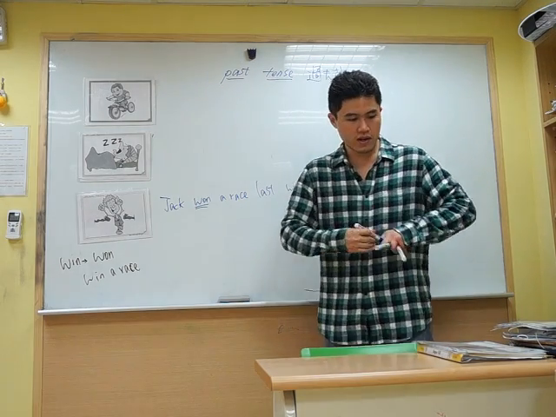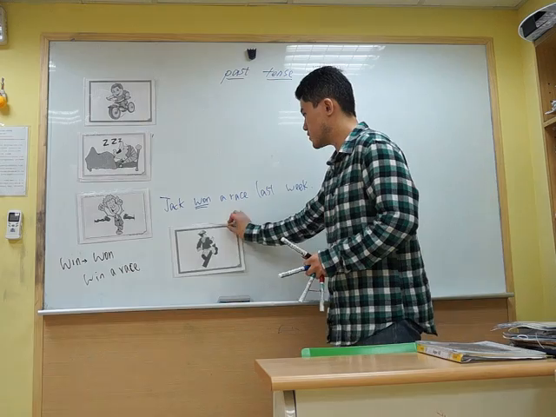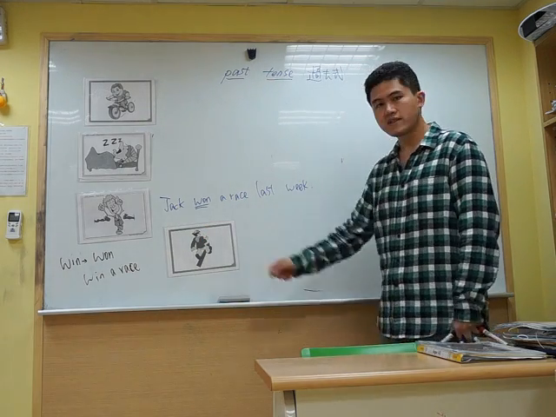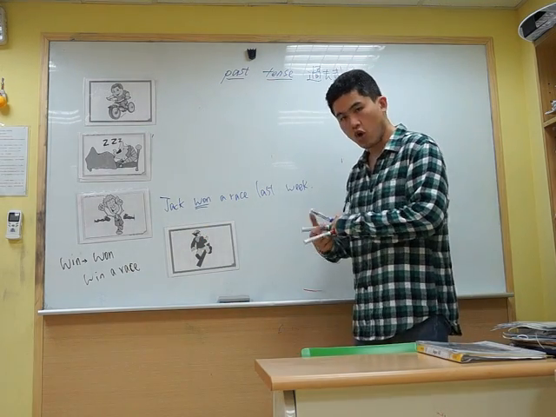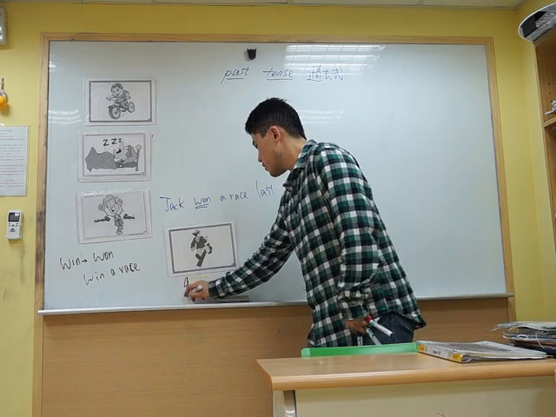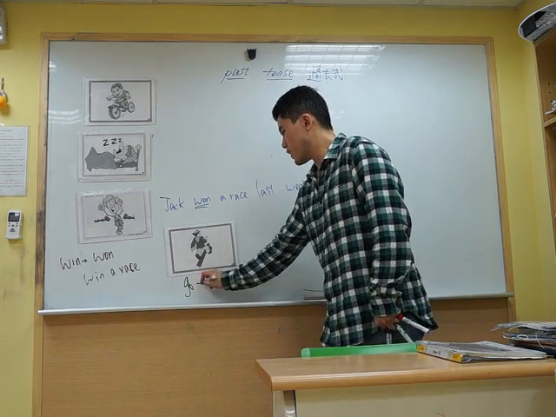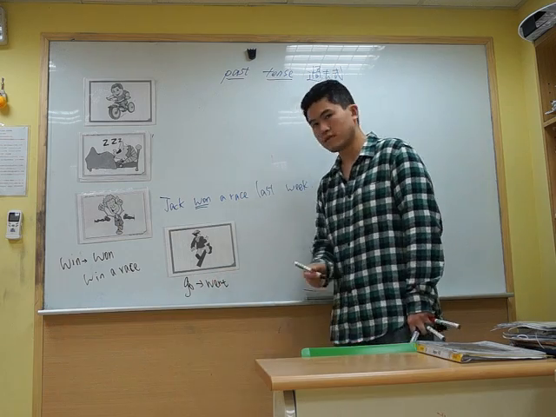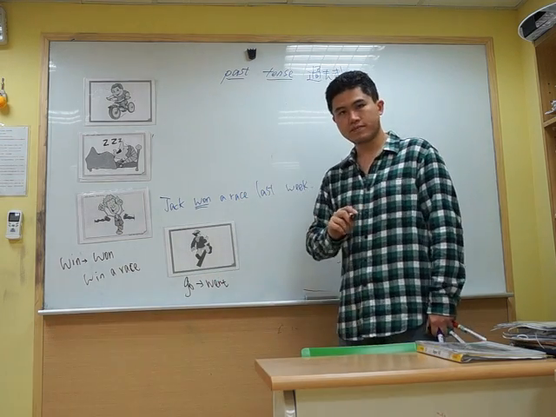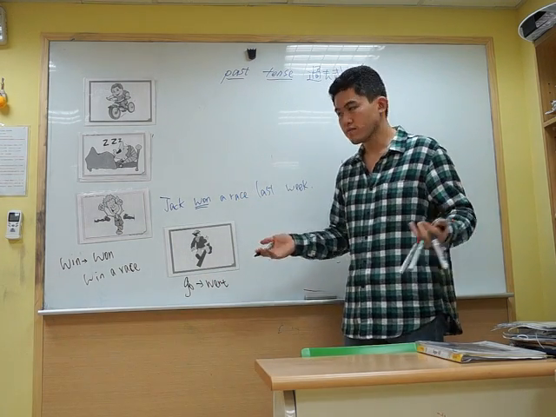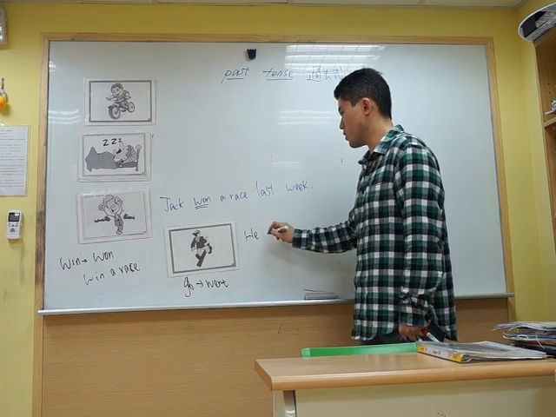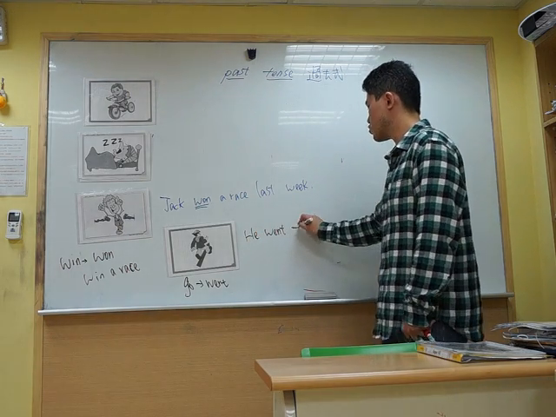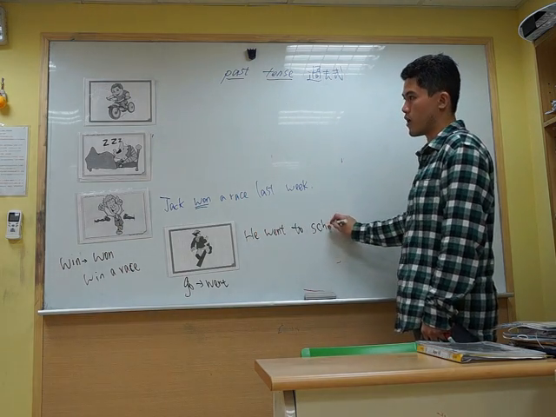Alright, let's try the next one. This person over here. What's the action? The action is go. The past tense of go is went. So go, went. Go, went. Where did he go? Well, he went to school when?